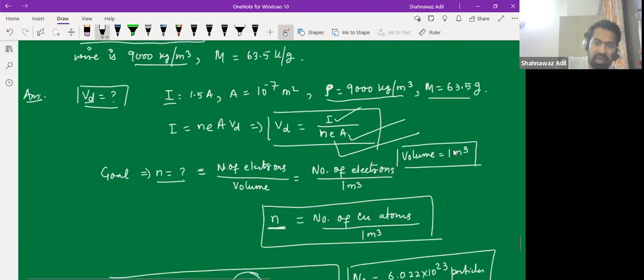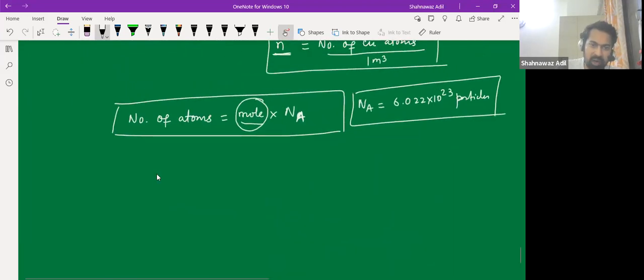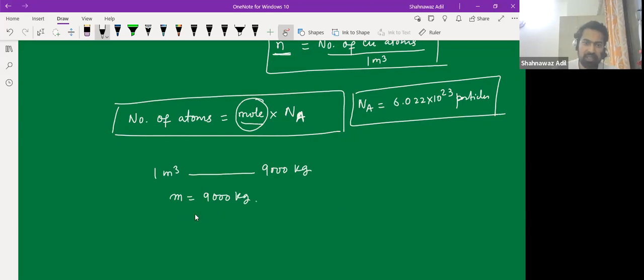So I know that in 1 meter cube volume, the mass is 9,000 kg, right? So this is the mass given.